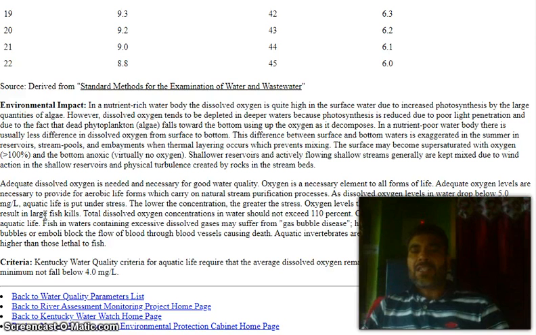However, this is a very rare occurrence. The bubbles, or emboli, block the flow of blood through blood vessels, causing death. Aquatic invertebrates are also affected by gas bubble disease, but at levels higher than those lethal to fish.